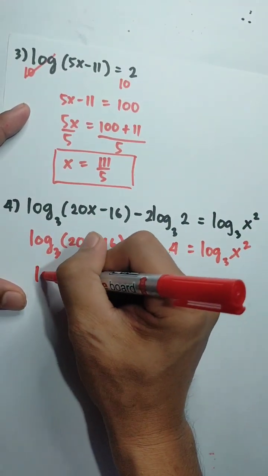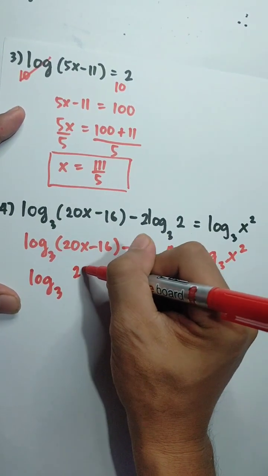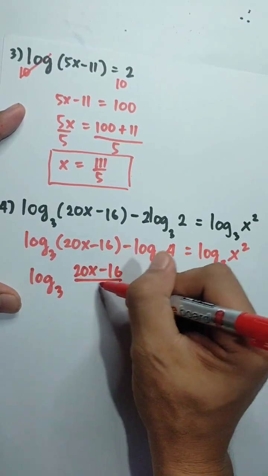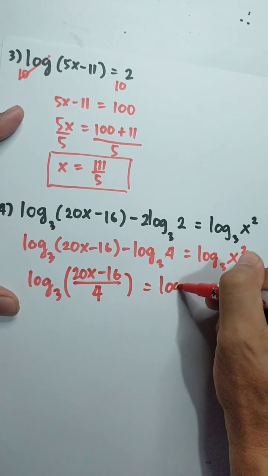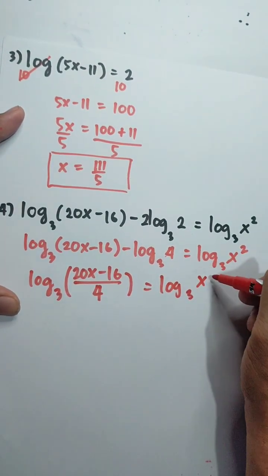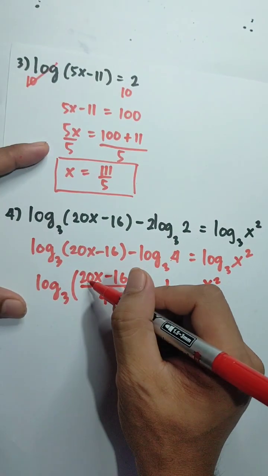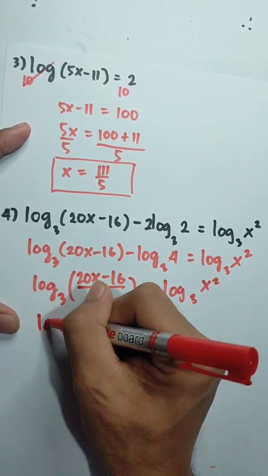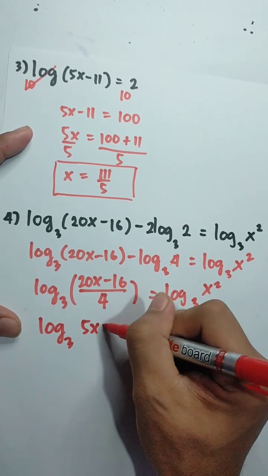So we have log base 3 of 20x minus 16 divided by 4. Copy the right hand side, x squared. Now we can reduce the coefficients of our numerator. So this is now 5x minus 4.